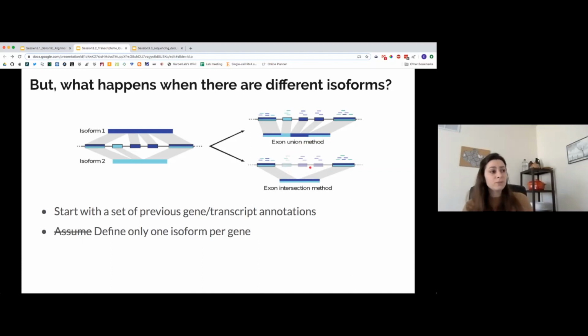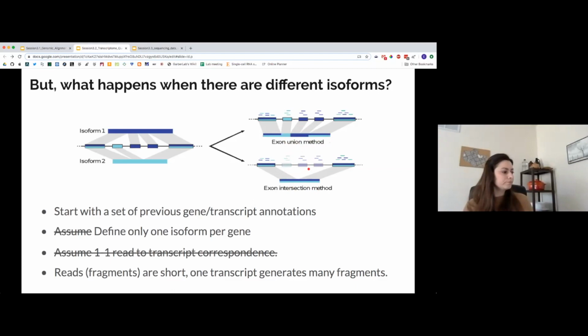The union will end up resulting in underestimated expression for genes that have alternative splicing. And the intersection is going to reduce your power for DE analysis, because it's going to get rid of a lot of reads that could give you information and more power.